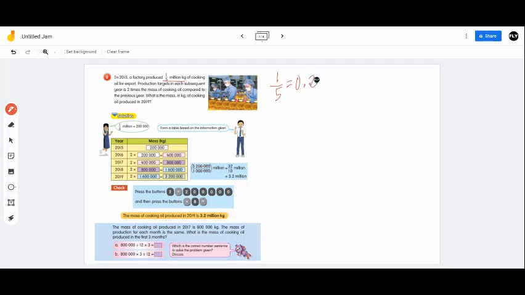And 1/5 million, we have to move 6 times the decimal point to the right. 1, 2, 3, 4, 5, 6. These empty spaces put 0. Okay, so 1/5 million is actually 200,000.